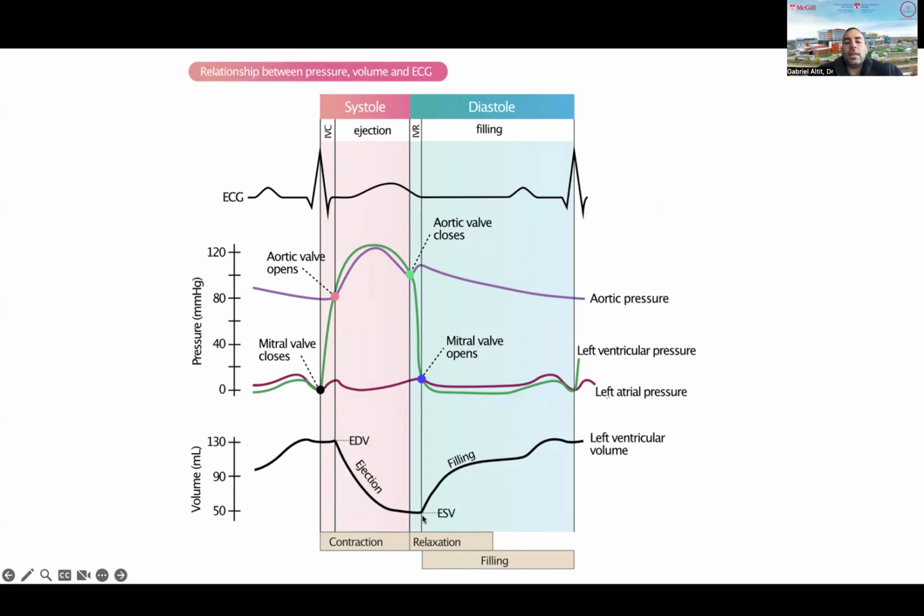So you see end diastolic and systolic volume, the period of ejection, the period of filling, and the moment that you spend in the isovolumetric portion of the cardiac cycle. And then on top, you can see what's happening to the pressure curve. And as I just mentioned, your green curve is the left ventricular curve. So if you had a cath lab, you could go in the cath lab and actually represent these curves as you're progressing through the trajectory of your heart.